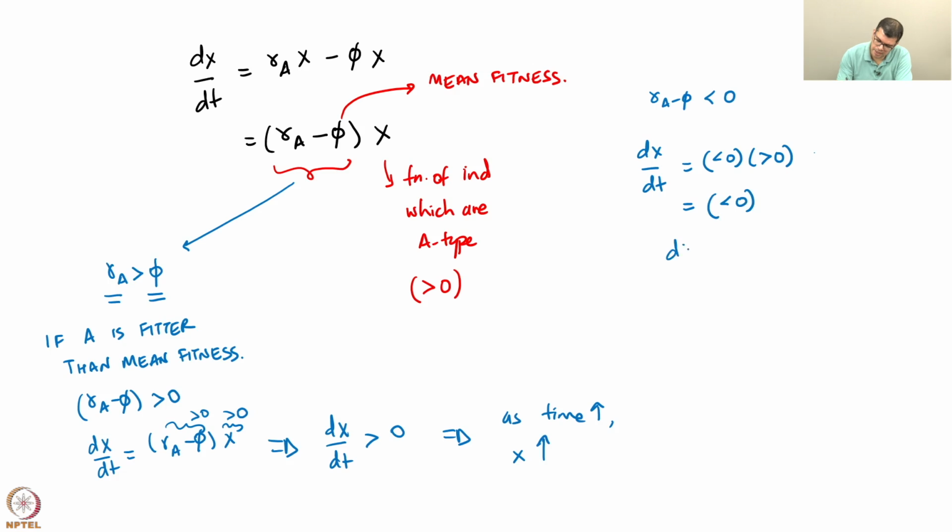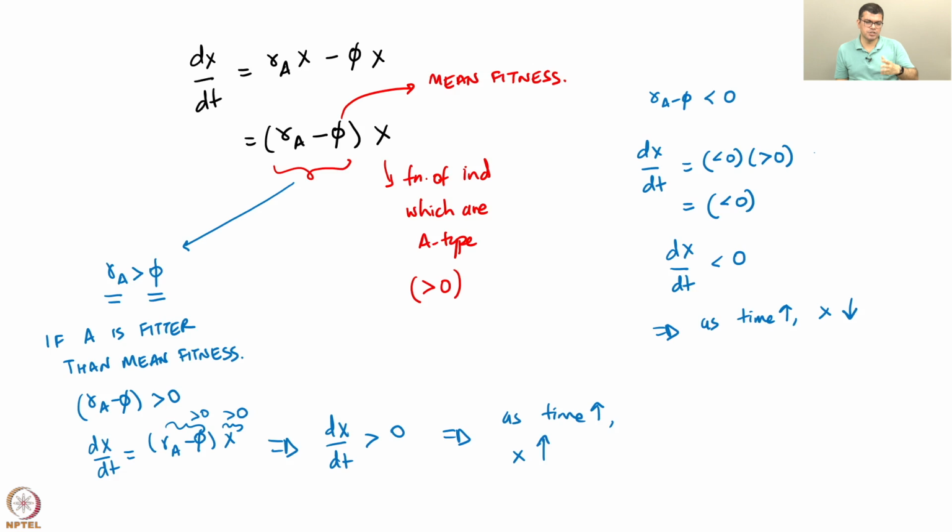So, dx by dt in that case is less than 0, which means that as time increases, x decreases.